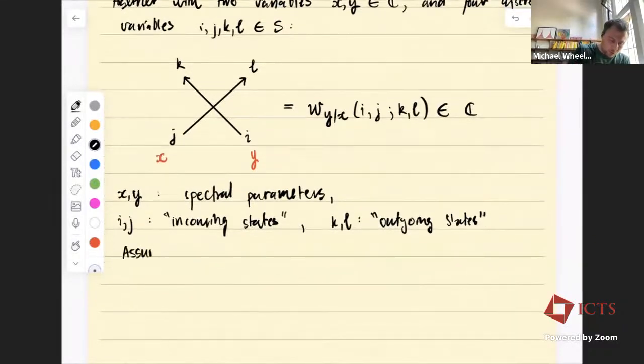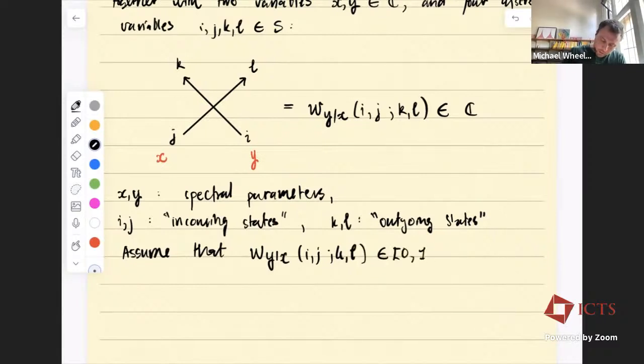So we will often assume that this W actually lives in the reals, and more specifically in the interval 0, 1. Okay, so you can take that as a working assumption from the very beginning. And that's going to ultimately allow us to interpret these vertices as probabilities.